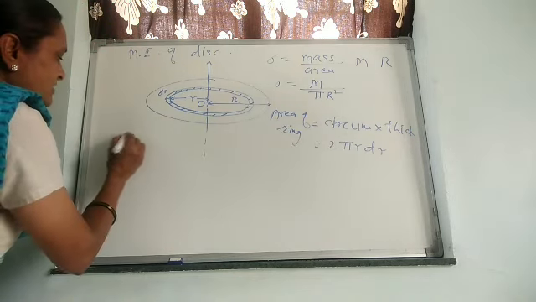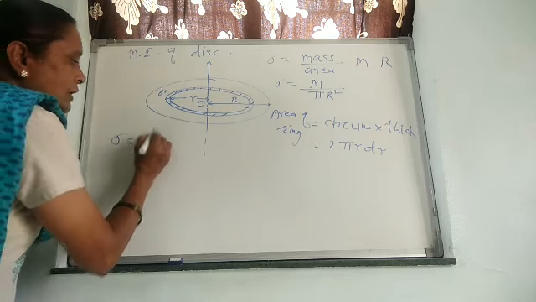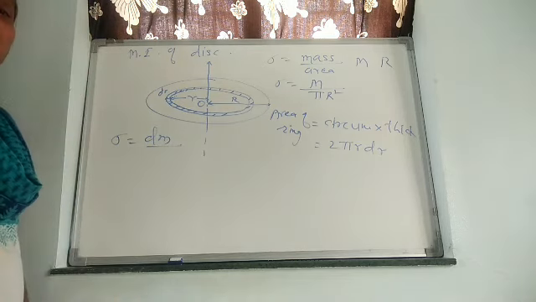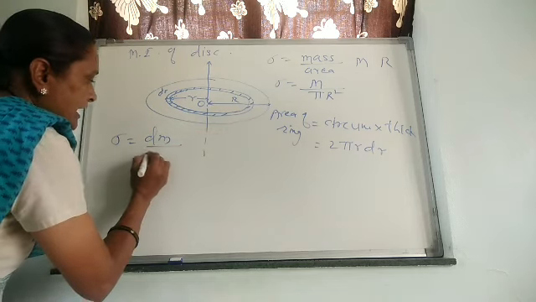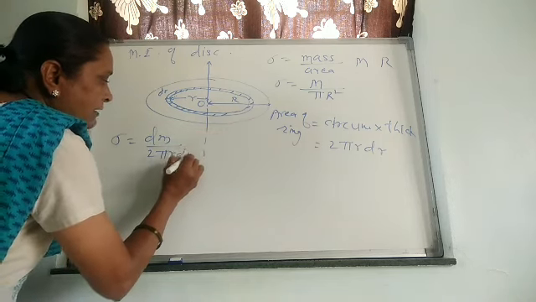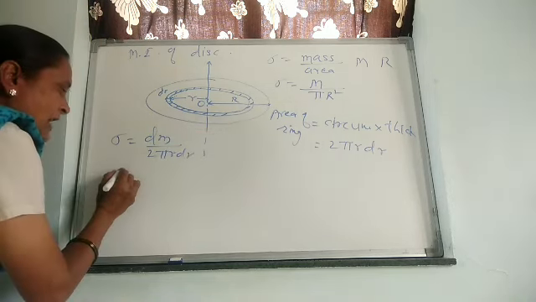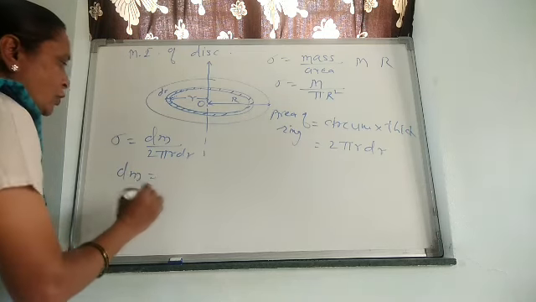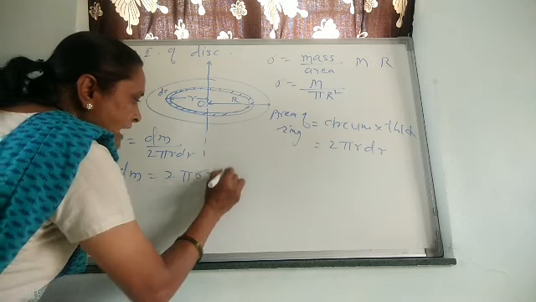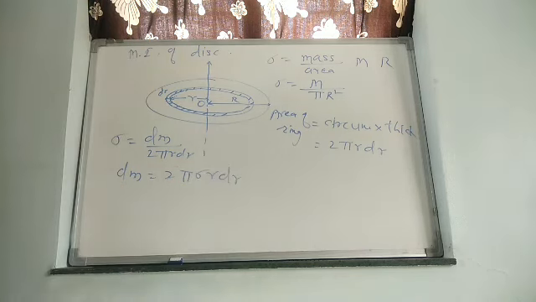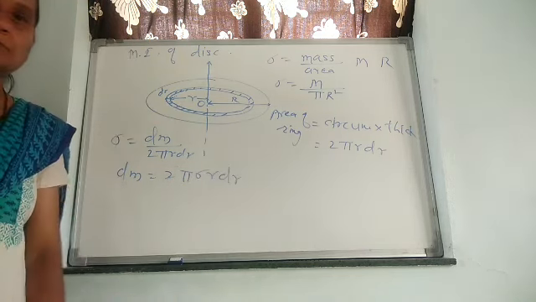Then sigma is equal to dm, because dm is the mass of that ring, and that will be equal to dm upon area, which is 2 pi r dr. Therefore, the mass of that ring will be dm is equal to 2 pi sigma r dr. This is the mass of a ring.